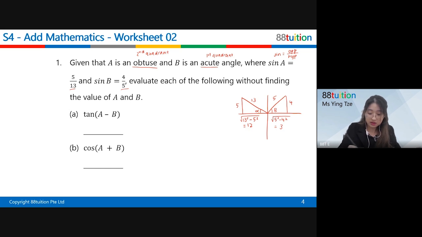Here we need to make use of our addition formula. So tangent A minus B is tangent A minus tangent B, divided by 1 plus tangent A times tangent B. What is our value of tangent A? Here we look at this side.